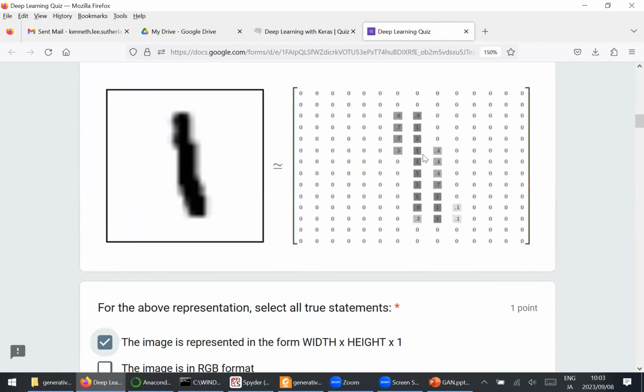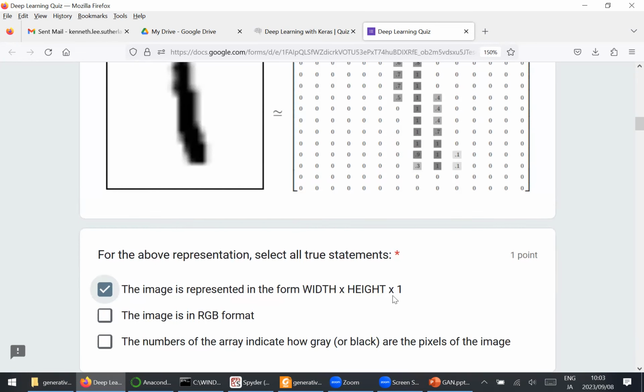See a little better. One is 1 byte. The number in the array indicates how black or white the pixels are. Yeah, that seems reasonable.